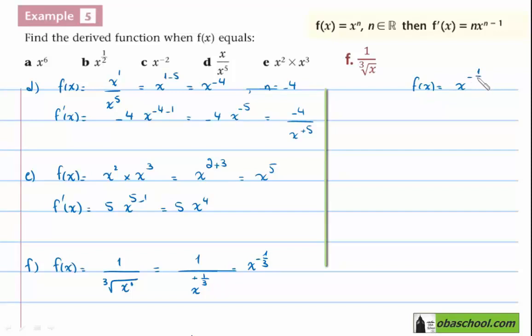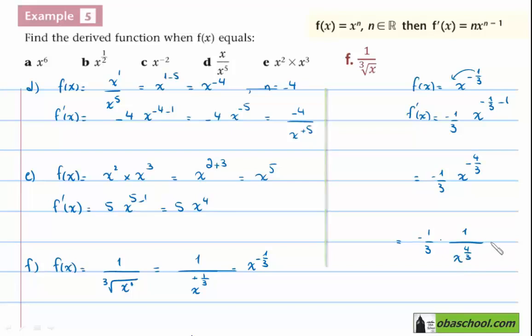Now comparing it to x to the power n, then n is minus 1 over 3. Let's substitute, then f prime of x equal minus 1 over 3 x to the power minus 1 over 3 minus 1, then minus 1 over 3 multiplied by x to the power minus 4 over 3 is the answer for the derived form of f of x.